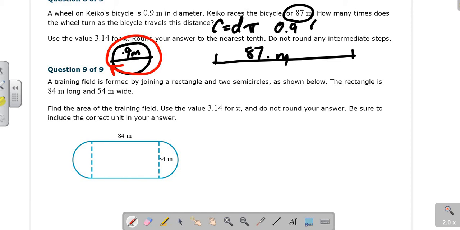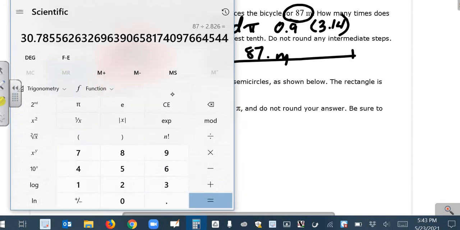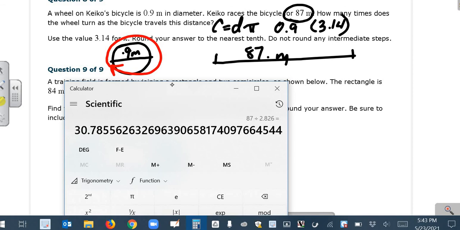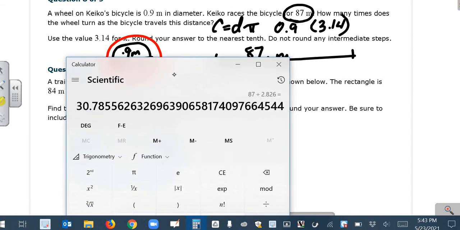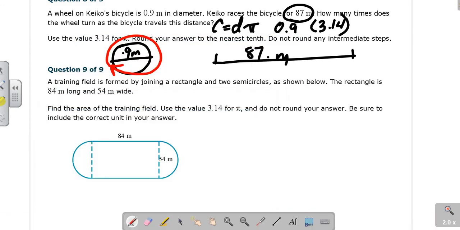So 0.9 times 3.14 is 2.826, so it's going to be 87 divided by 2.826. Round your answer to the nearest tenth, so that's going to be approximately 30.8 revolutions.